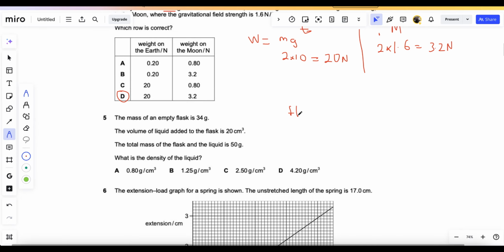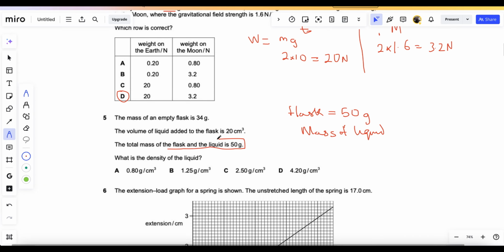If you want only the mass of the substance that has been added, you subtract from the total mass of flask and liquid. They might ask us to calculate the density of the liquid, so to get the density, you have to know the mass of the liquid.